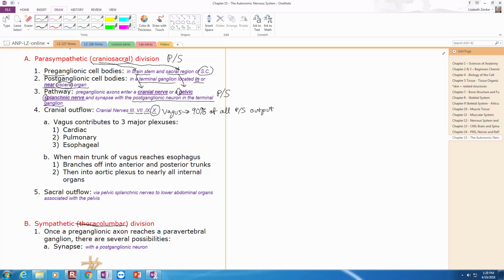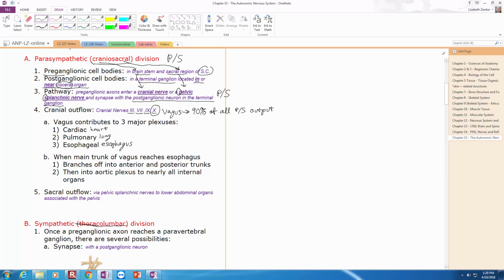Just know that there are other plexi or plexuses to know. In this case, vagus contributes to cardiac, pulmonary, and esophageal. So cardiac, you guys know, means heart. That makes sense. Pulmonary means lung. And esophageal is talking about like the esophagus. Okay? So this is important for all of those things.